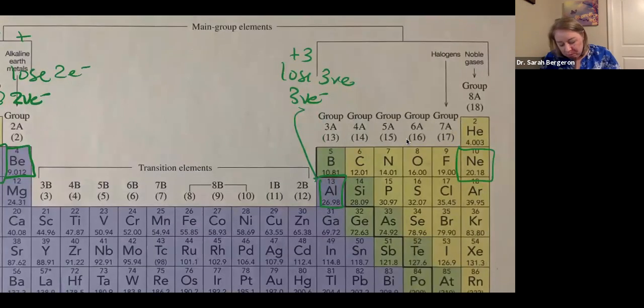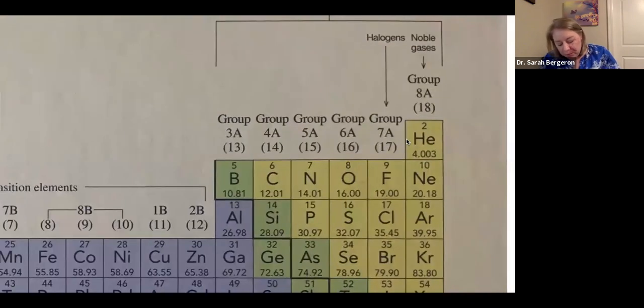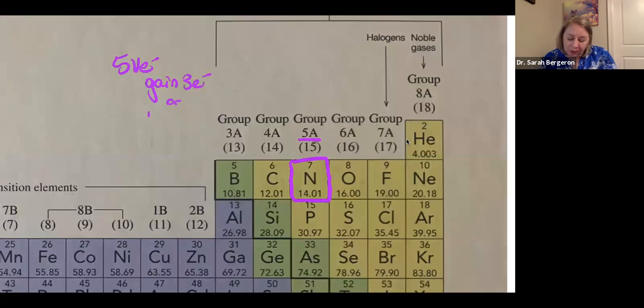So, let me erase this stuff. All right. So, if I am in group, let's say 5A, if I am nitrogen, nitrogen is in 5A, so it has 5 valence electrons. I have 2 possibilities, right? I could gain 3 electrons and I'll get to 8, or I can lose 5 electrons to get to 8.